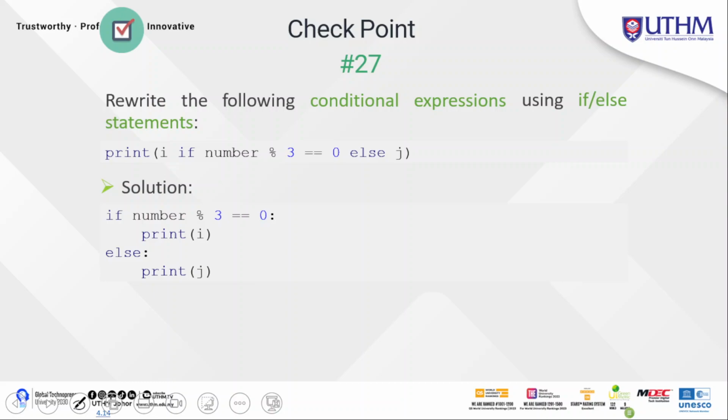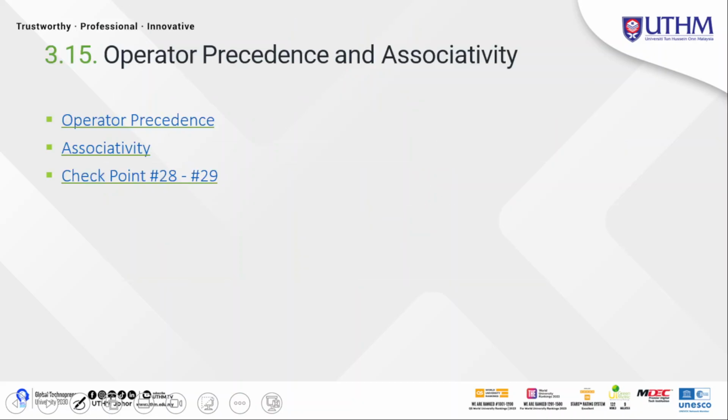Next one, rewrite the following condition: if number divisible by 3 is equal to 0, print AI, or else print j. So the conditional expression is converted to a normal if else statement.